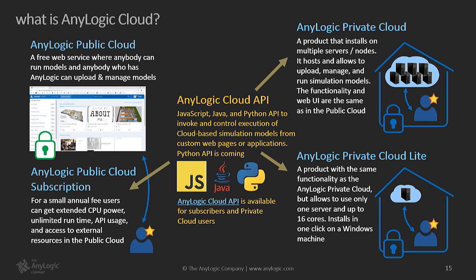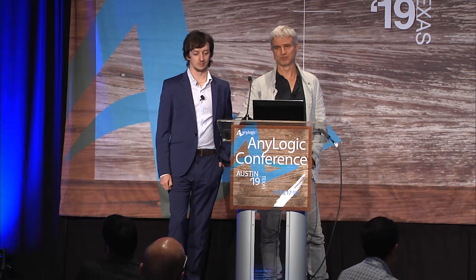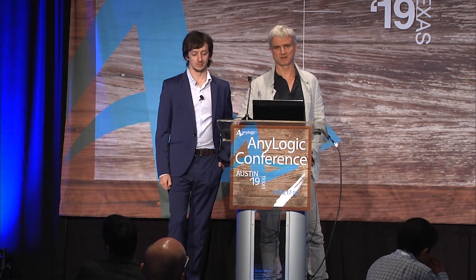And there is AnyLogic Cloud API that works for all kinds of paid versions, for subscription users and for both private clouds. And that API, currently we have JavaScript and Java, and we are releasing Python API very soon.